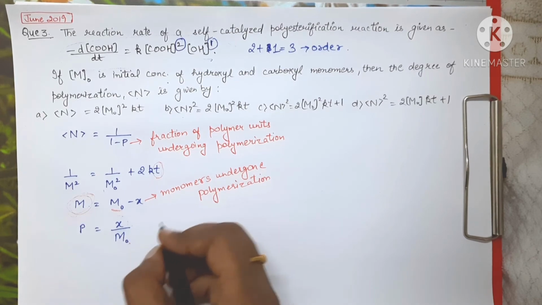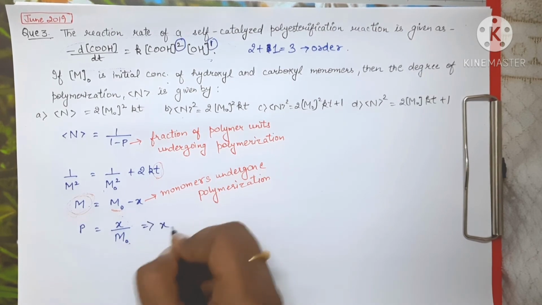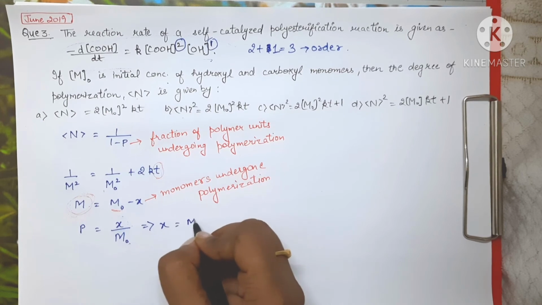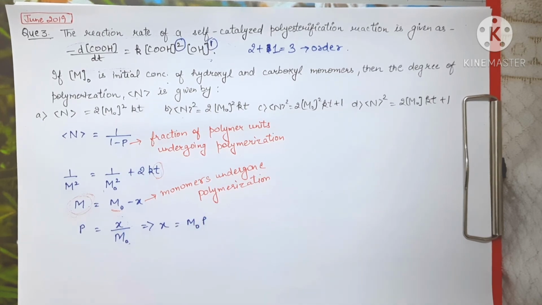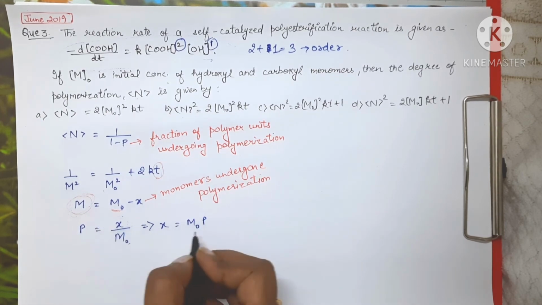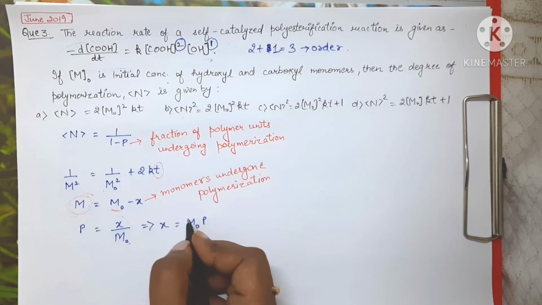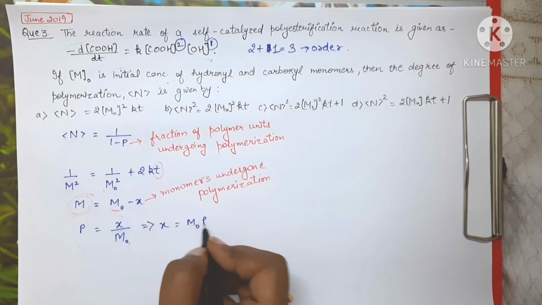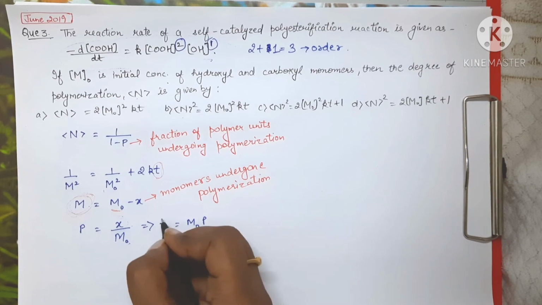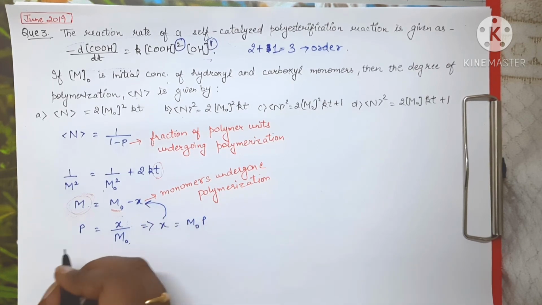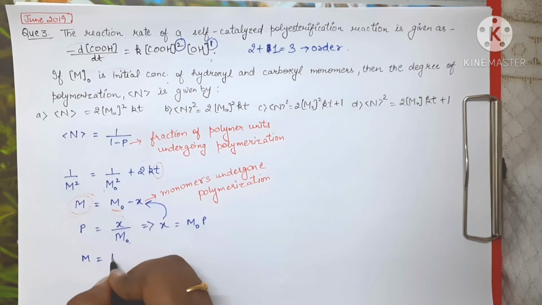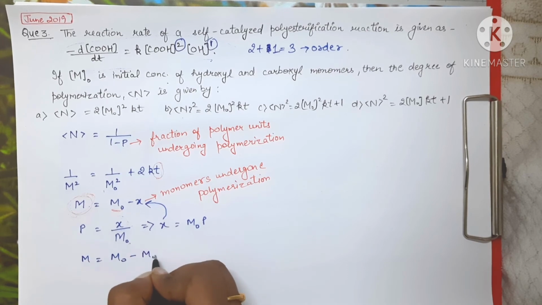So now from here you can find out the value of x, that will be equal to m naught into p. Now if you put this value of x in this equation, what you will get is m is equal to m naught minus m naught p.